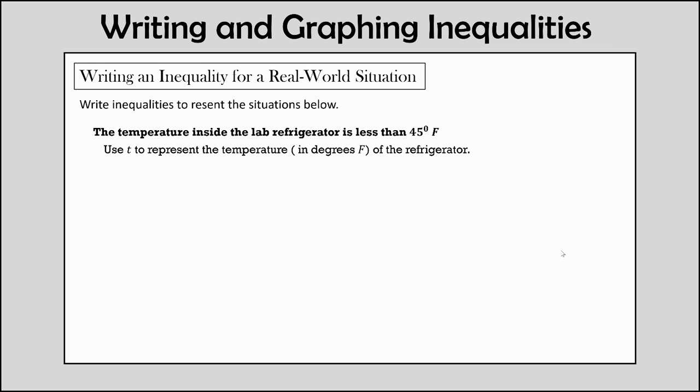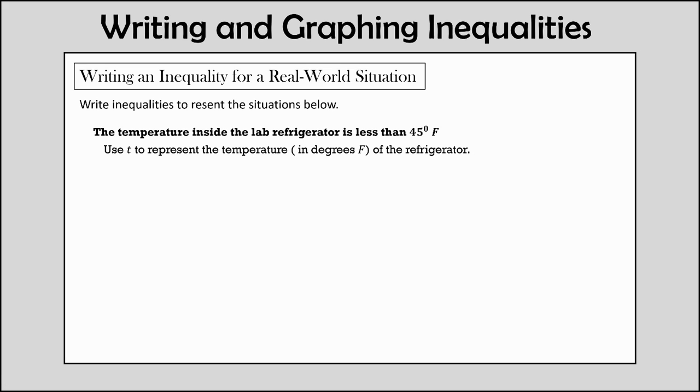All right, now we're going to write some inequalities for a situation. And what they're doing here is giving you some different terminologies that you have to think through when you write your inequality. Do a little reasoning here. So the first one says the temperature inside the lab refrigerator is less than 45 degrees Fahrenheit. Use T to represent the temperature in degrees Fahrenheit of the refrigerator. Okay.